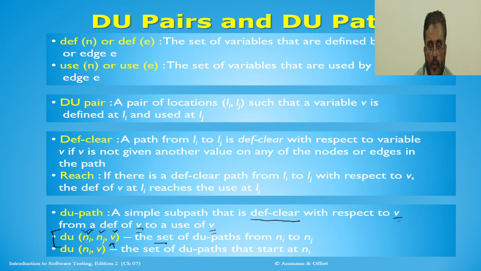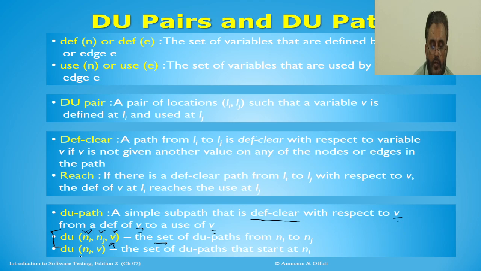If I write du(ni, nj, v), it means fetch me all those du-paths that start at node ni and end at node nj with respect to v. So if it is one path or more paths, all those will be retrieved when we use this notation or call this function.